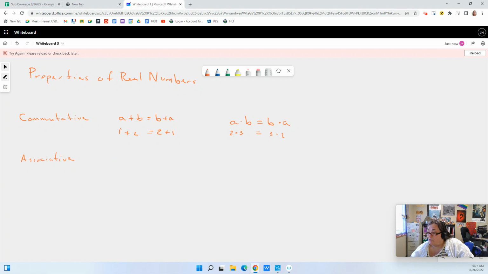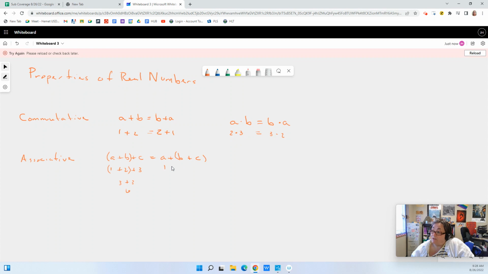So associative talks about grouping. Associative says if I have A plus B plus C, and these are grouped, it's going to be the same as A plus B plus C if these are grouped differently, right? What does that mean? It means if I have 1 plus 2 plus 3 and I group these, I would get 1 plus 2 here, 3 plus 3, which would still be 6, right?